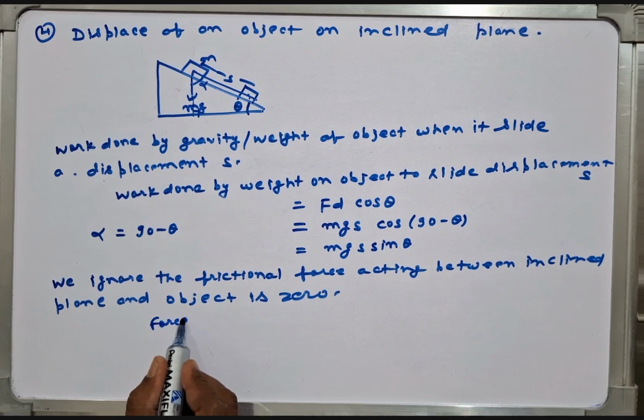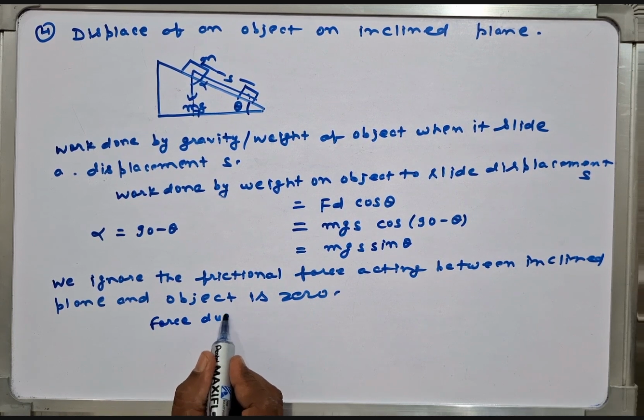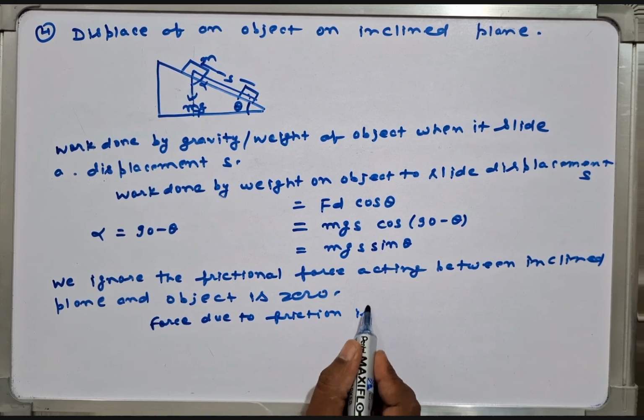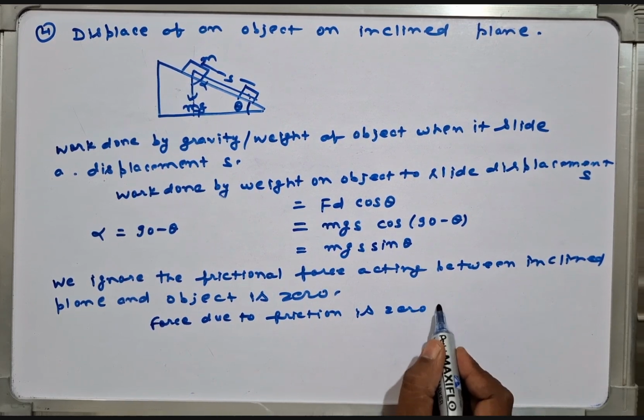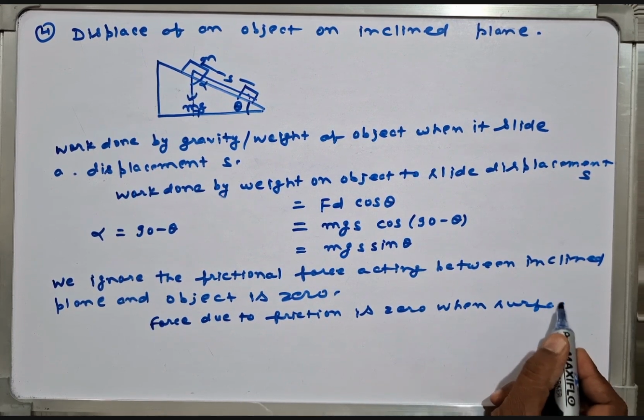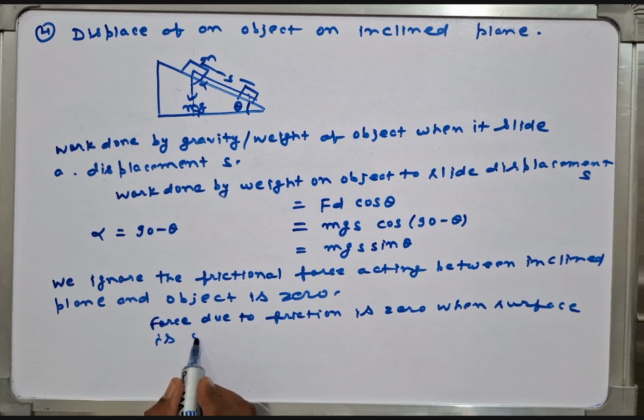So force due to friction is 0 when the surface is smooth.